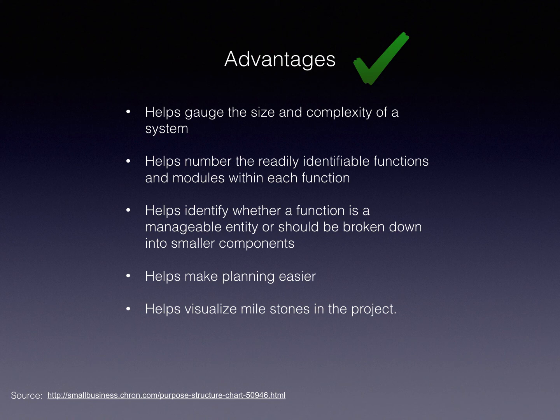It helps give the programmers a bird's eye view of all the little intricate components of the program and how each one works. And it really helps give the programmers a good roadmap to follow during the development process. Along with this, it also helps the programmers number and identify many of the different functions and modules within them as well.